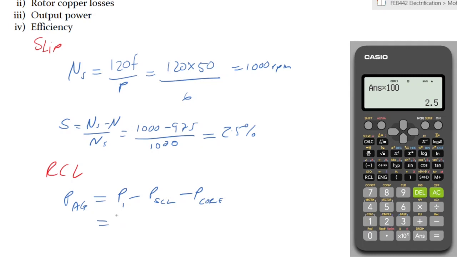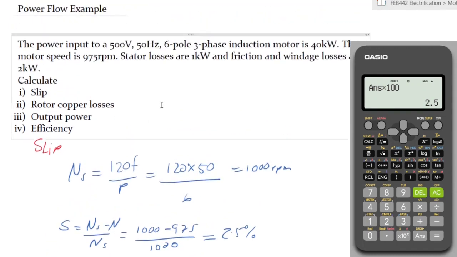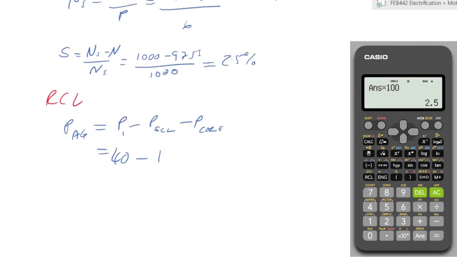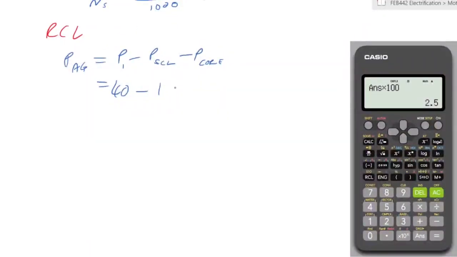So in this case, Pi, which is the input, we were told is 40 kilowatts minus 1, which we were given here, 1 kilowatt, minus core losses, which we were told is 0. So this is 39 kilowatts. This is your air gap power. That is the power available to the rotor.